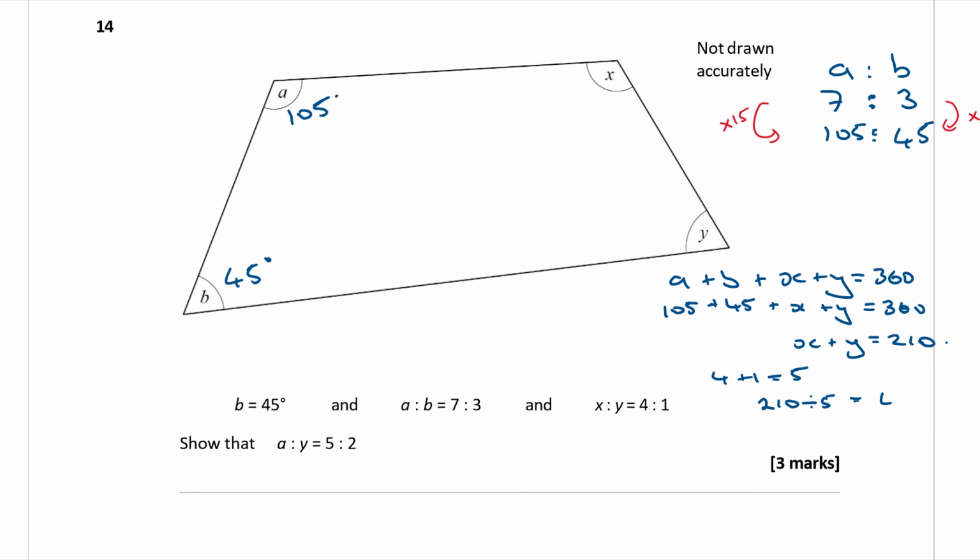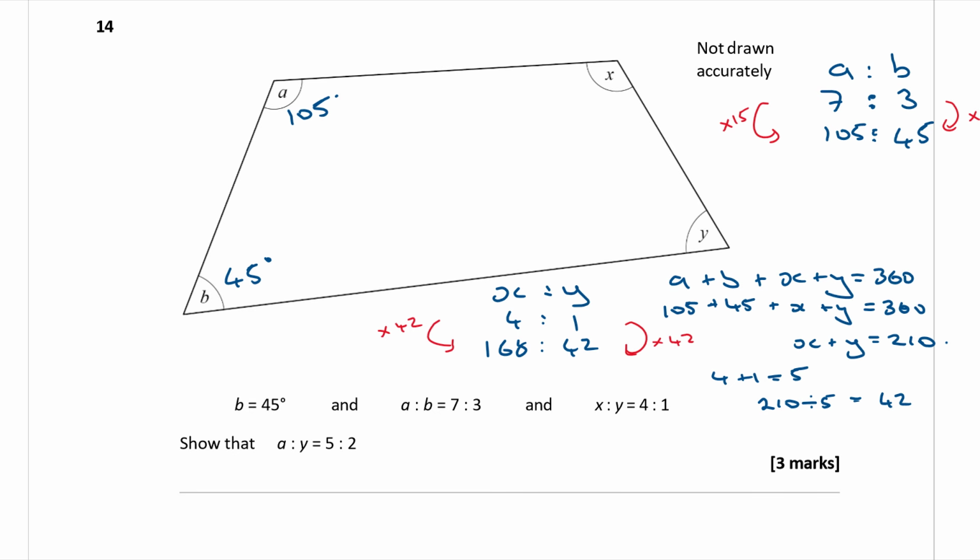So if I take my original ratio of x to y, which is 4 to 1, and I scale it up by a factor of 42, then x is going to be 4 lots of 42. Well, 4 40s is 160 plus 4 2s is 8. So that's 168 degrees. And then the other one is 42 degrees. So y is 42.